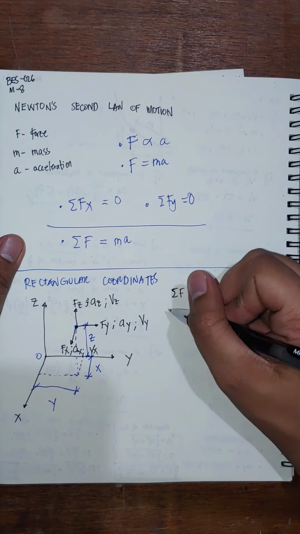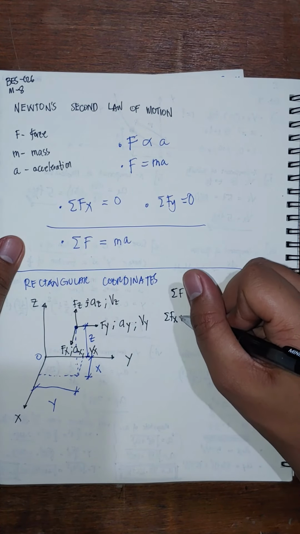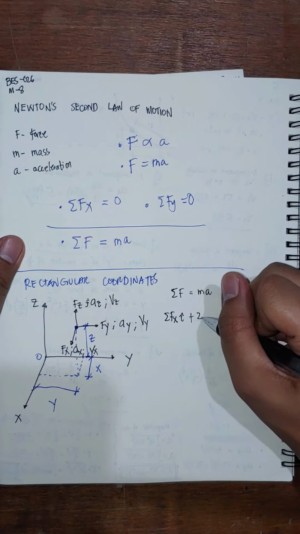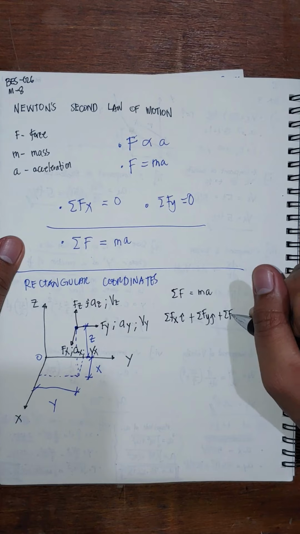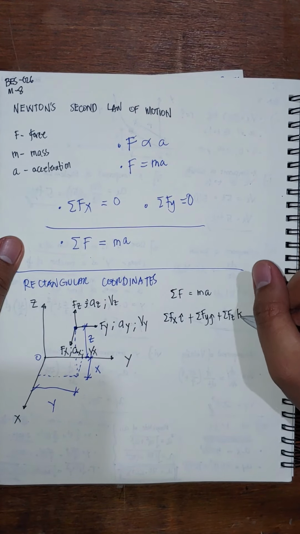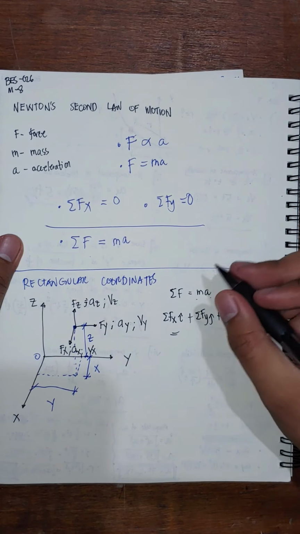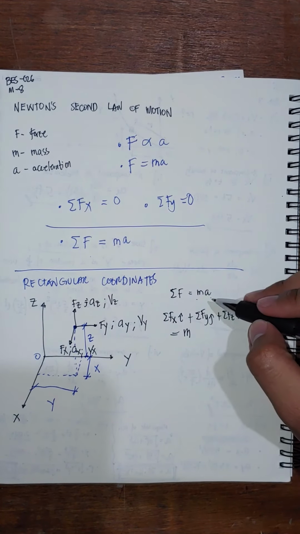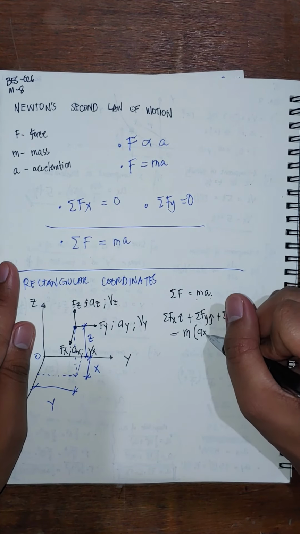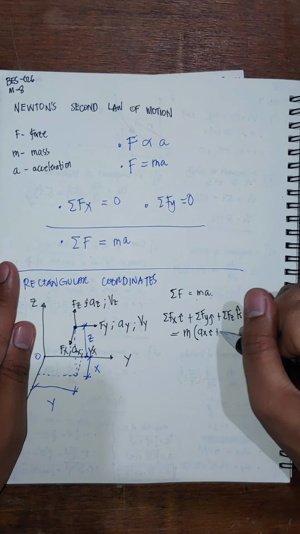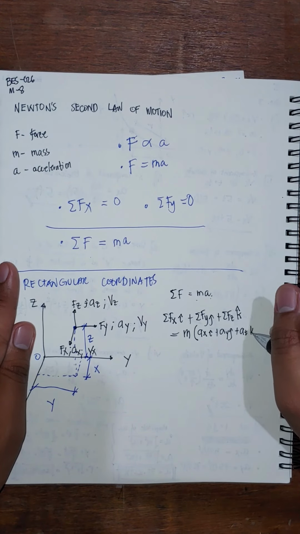We can write it in vector form as the summation of forces along x, i hat, plus the summation of forces along y, j hat, plus the summation of forces along z, k hat, is equal to mass times acceleration. So mass remains constant. Acceleration has 3 components also, so times the acceleration along x, i hat, plus acceleration along y, j hat, plus acceleration along z, k hat.